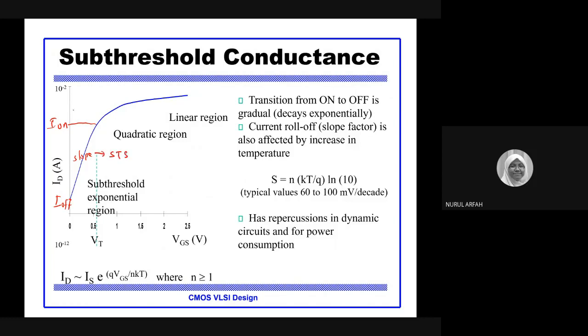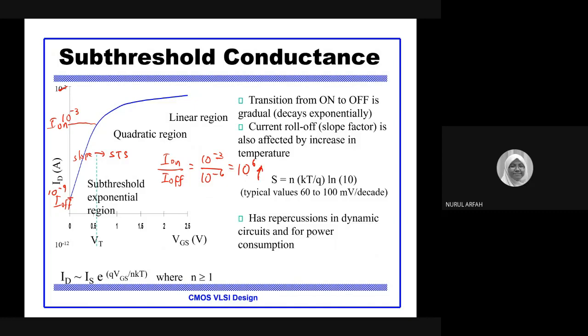Let's say the turn-on current is equal to maybe 10 to the power of -3, and the turn-off current here is equal to 10 to the power of -9. Then the ratio of I on to I off is 10 to the 6.